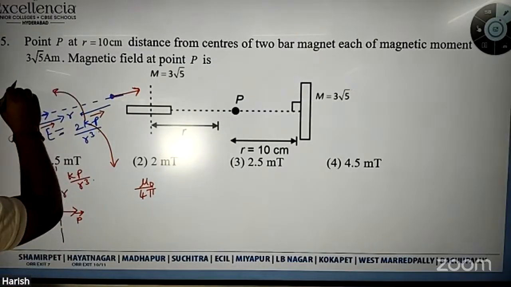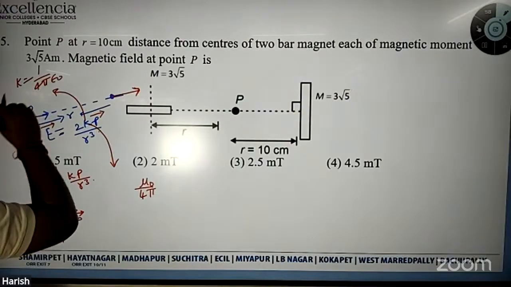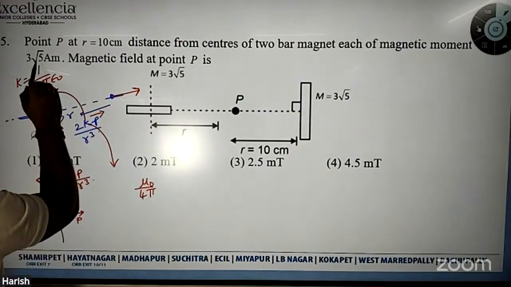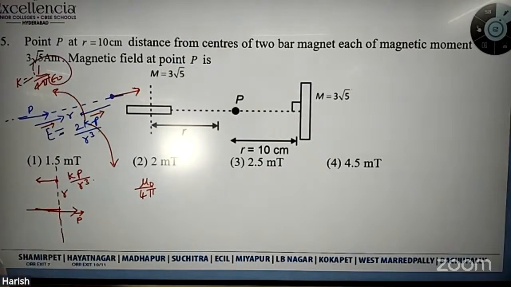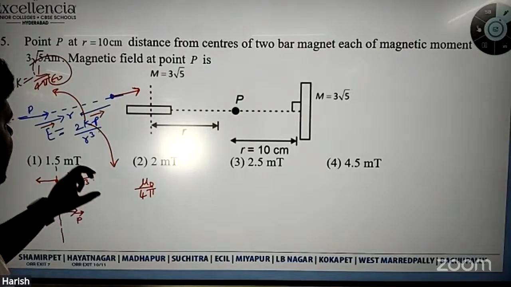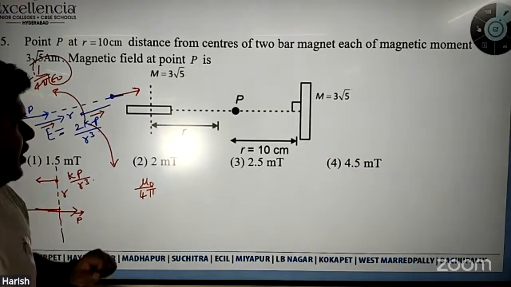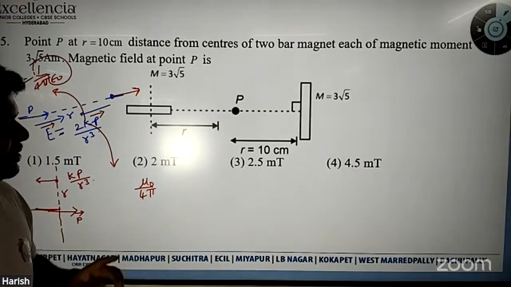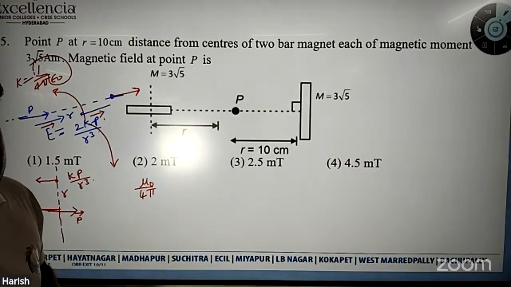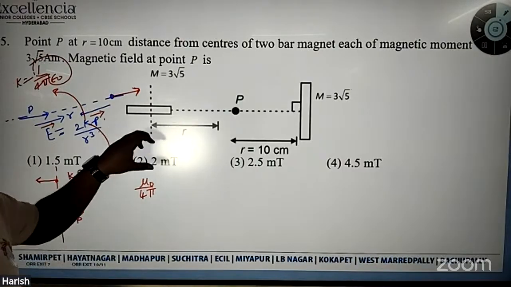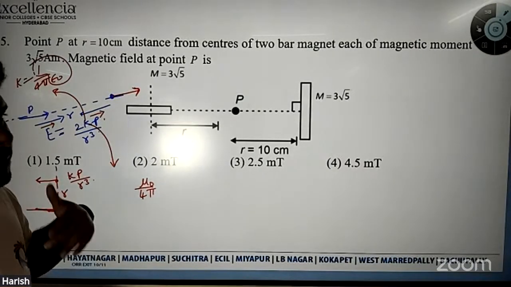So when it comes to the magnetic dipole, in place of 1 by epsilon naught, you will get mu naught. So in place of K, that is 1 by 4 pi epsilon naught, just write mu naught by 4 pi. 2 is anyway a constant, nothing to change. Now P bar is actually the dipole moment. Right? Here also you are supposed to take the dipole moment, but that is the magnetic dipole moment, which is capital M.